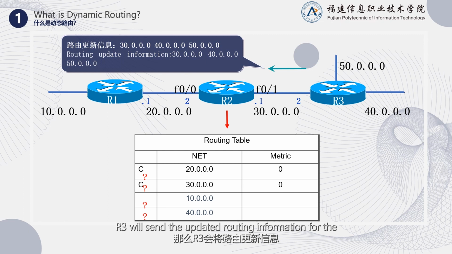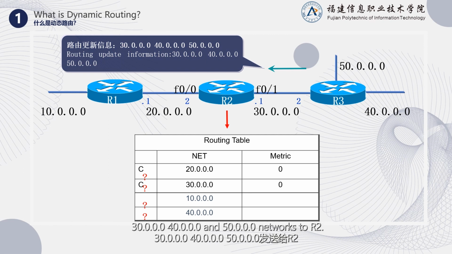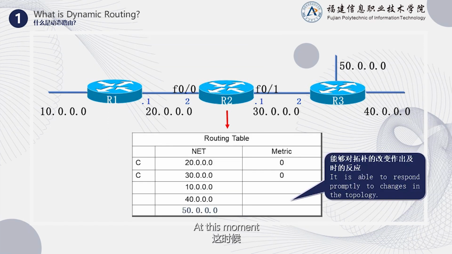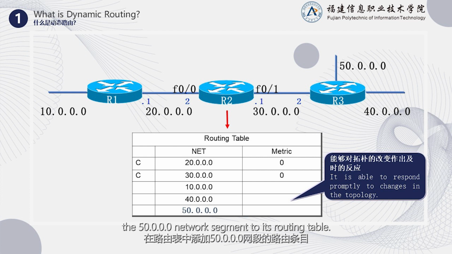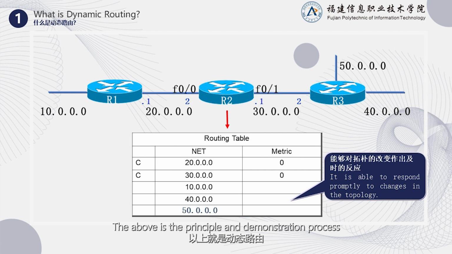R3 will send the updated routing information for the 30.0.0.0, 40.0.0.0, and 50.0.0.0 networks to R2. At this moment, router R2 can respond promptly to the changes in the topology by adding a route entry for the 50.0.0.0 network segment to its routing table. The above is the principle and demonstration process of dynamic routing protocols automatic learning.